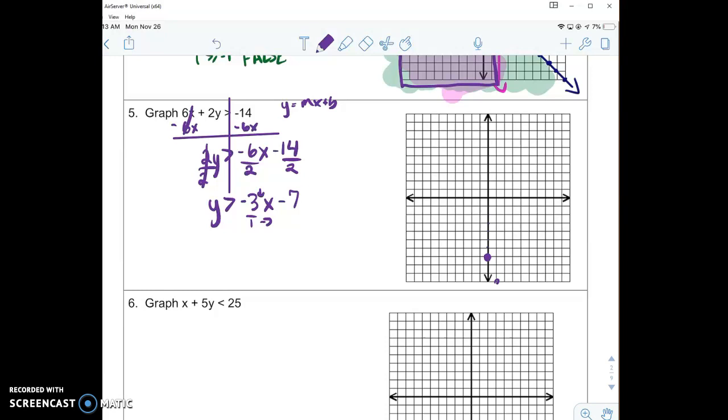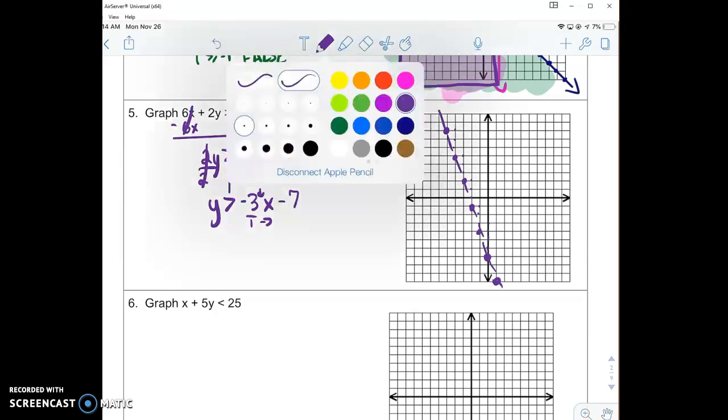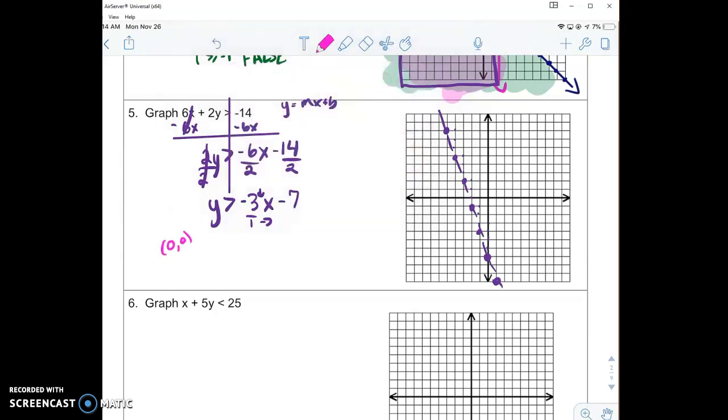I'm going to go back the other direction. Y is greater than, this is a dotted or dashed line. And I'm going to test the point 0, 0 to see if I should shade towards the origin or away from it.